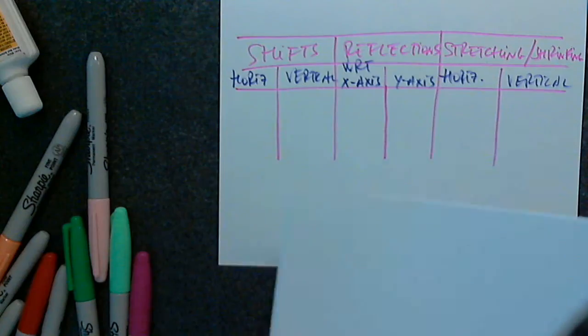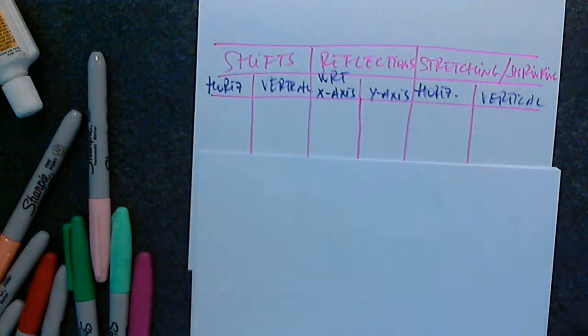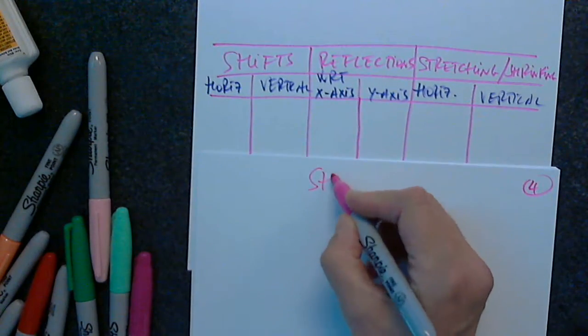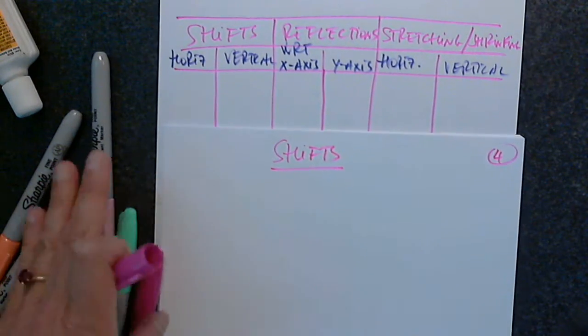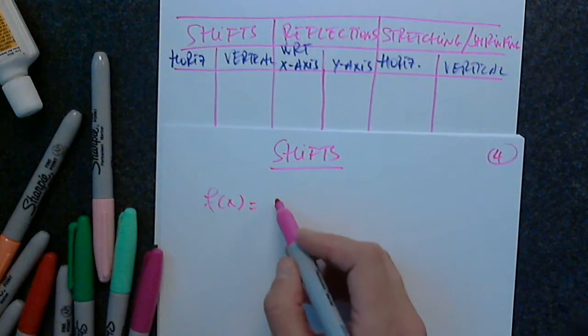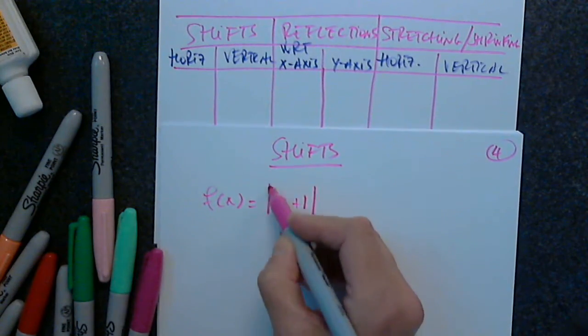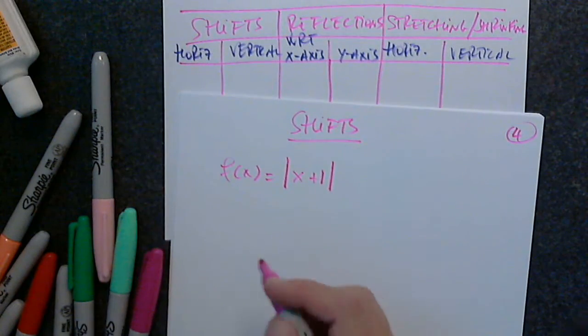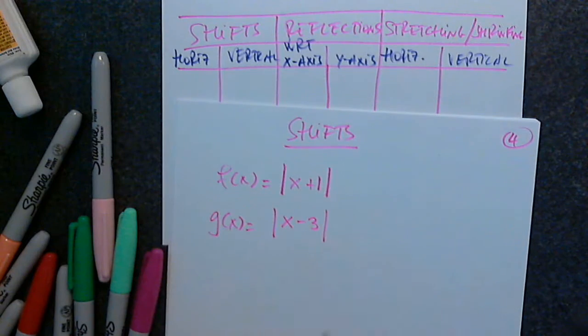So let's start with the simplest possible one, which is shifts. I'm going to create 2 functions. F of x equals the absolute value of x plus 1. And I'm going to create g of x, which is the absolute value of x minus 3.